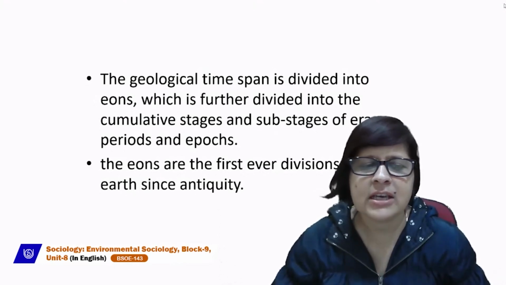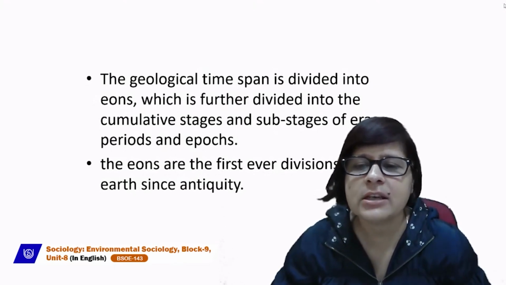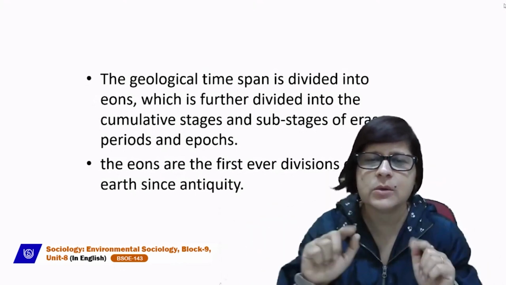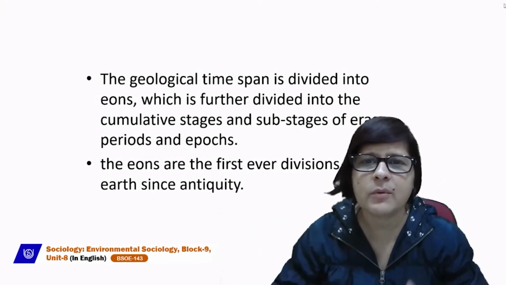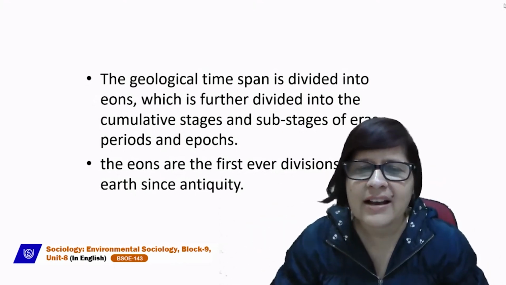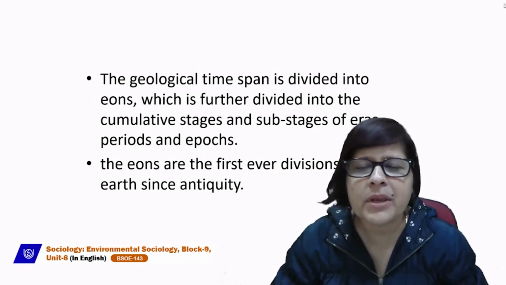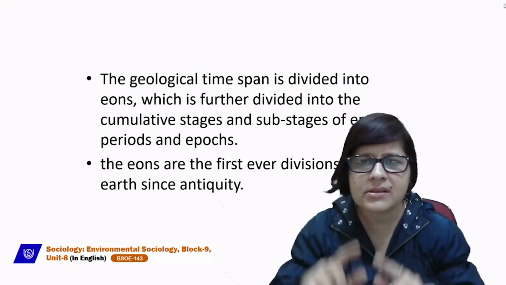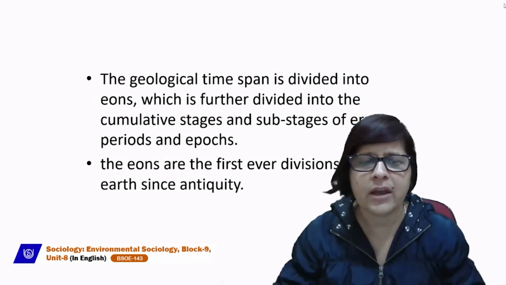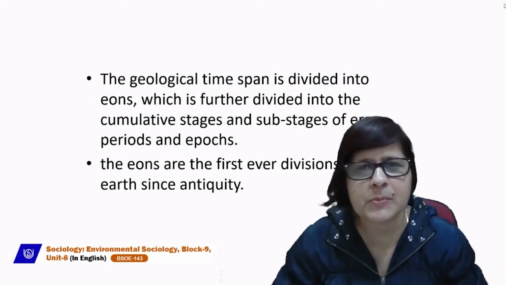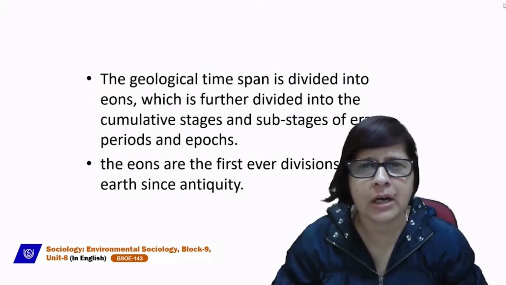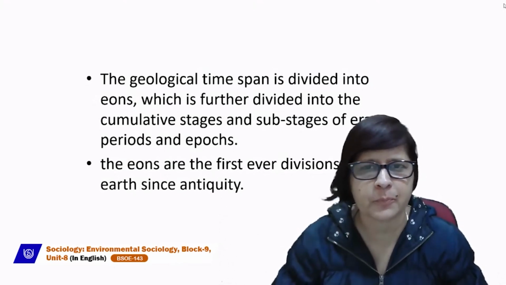So GTS is divided into eons, eons are divided into eras, eras into periods, and periods into ages. This is how we have divided the geological time span to study the evolution of Earth and humans.